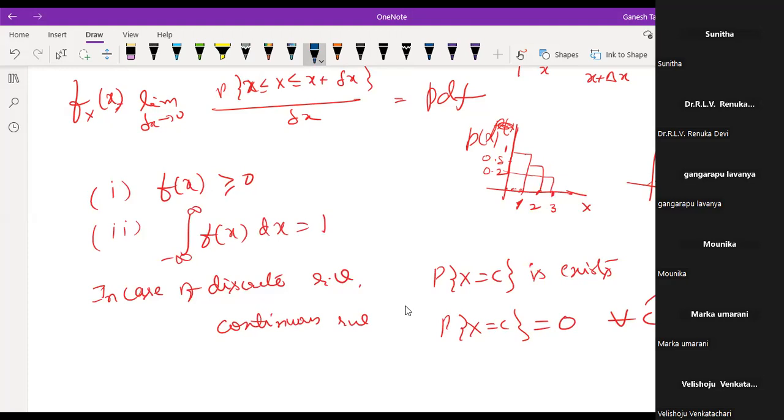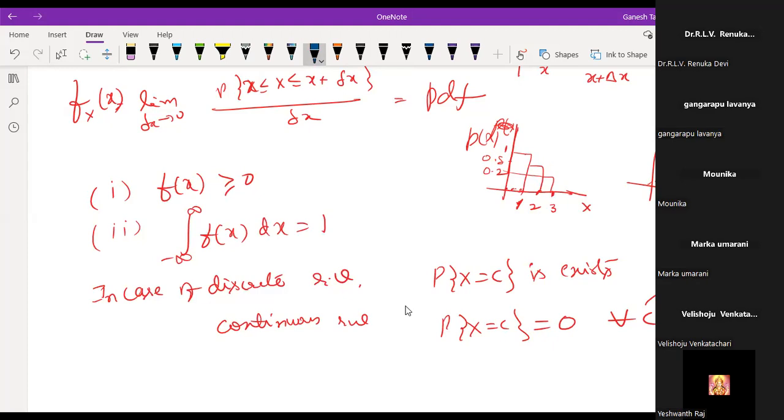It's not defined. So in the continuous case, we are all the time making x lie between some interval, x and x plus delta x. At a particular point you can't get any single probability there.